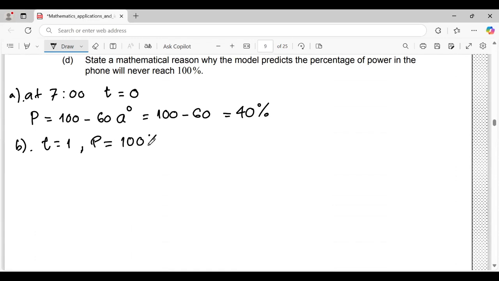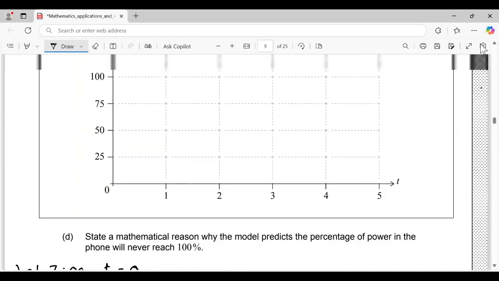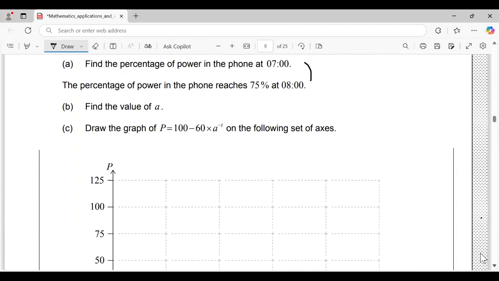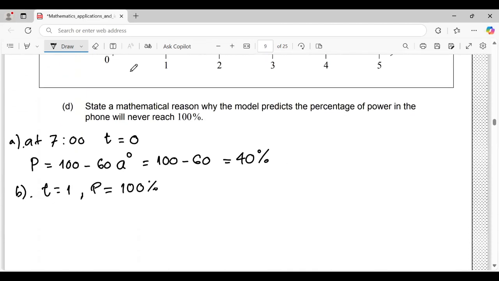Right. Oh no, 75%. So I'm going to check first. Yeah, 75%, not 100, sorry. Okay, so P equals 75%.